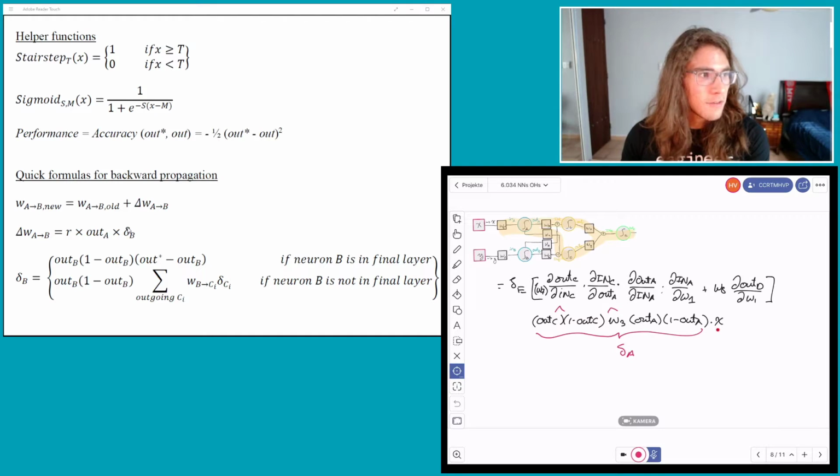In the PDF it's B, but in my whiteboard it's A. And that delta translates to out A, 1 minus out A, times the following weight. We're good there. The delta out C, 1 minus out C, and then the rest which would be delta E. Which is consistent so far.